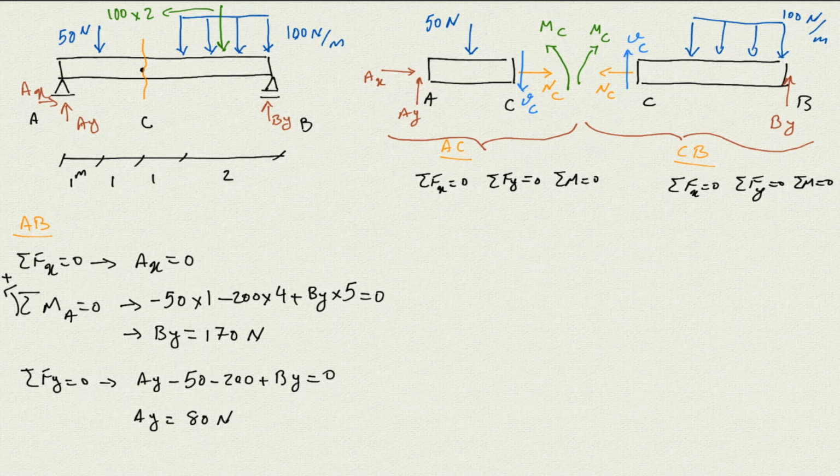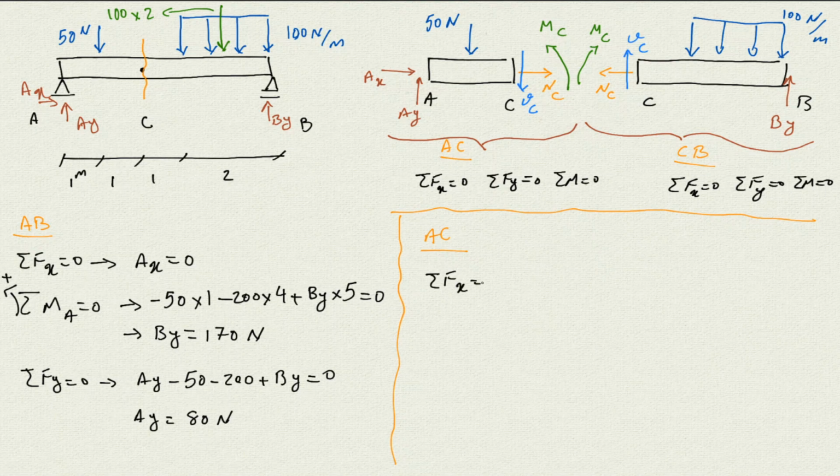So I will choose the left side, so I will write the equilibrium equation for the left side. I'm gonna draw the line here. So I will write the equilibrium equation for the AC section. And if I write the equilibrium equation for the AC, I would start with sigma Fx = 0.